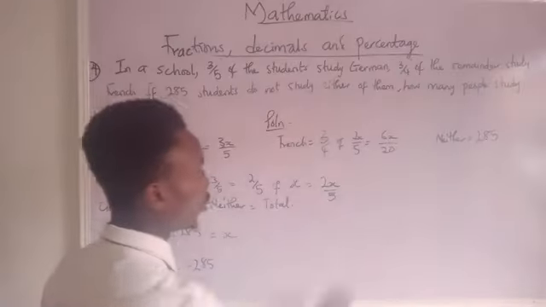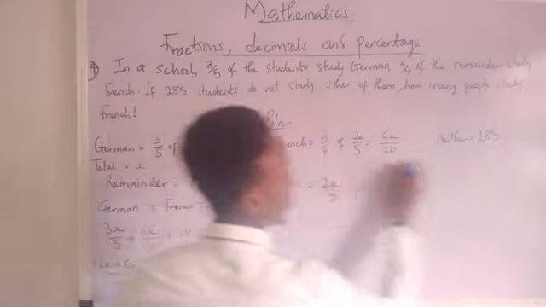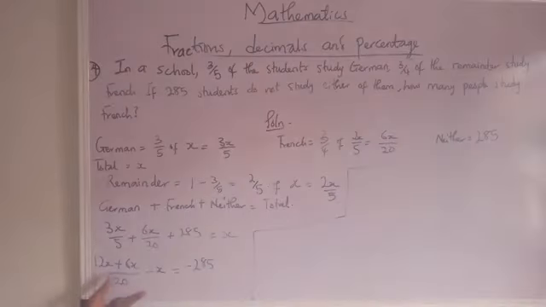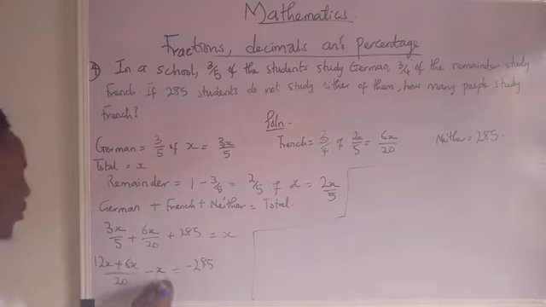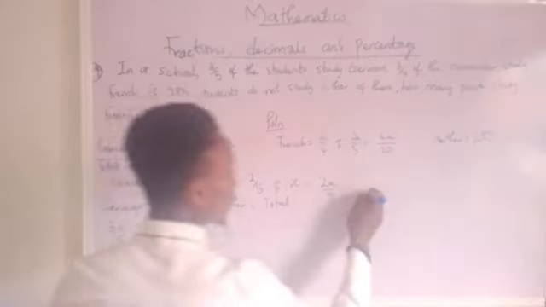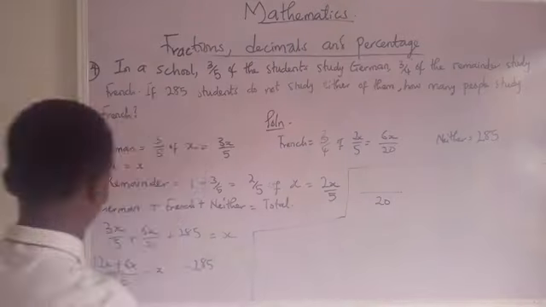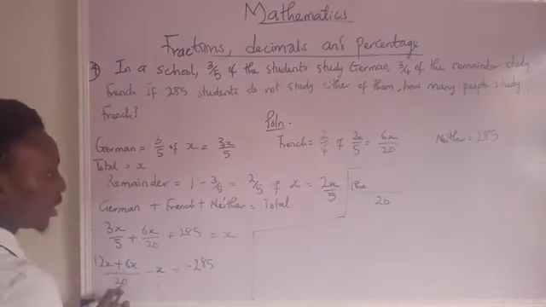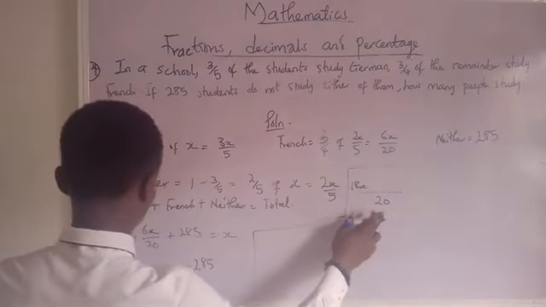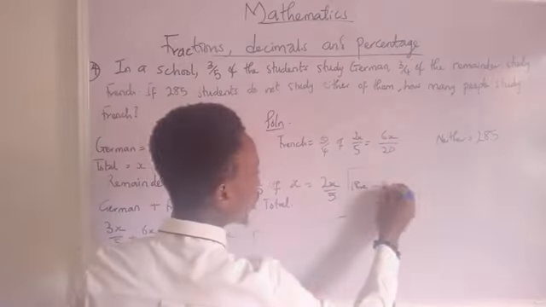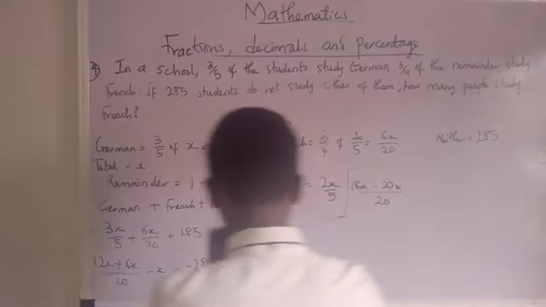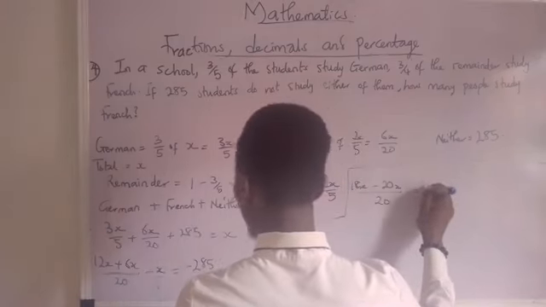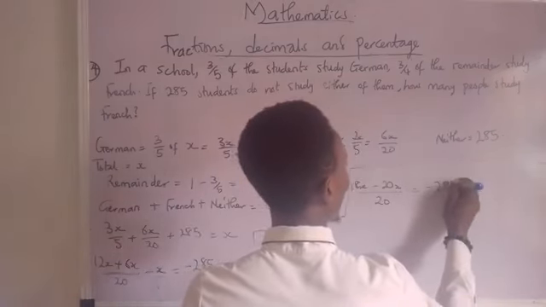Now, follow me. The LCM for this will still be 20 over 20. 12 plus 6 is 18. Now, 1 in 20 is 20 times 1. That is minus 20x over 20 is equal to minus 285.